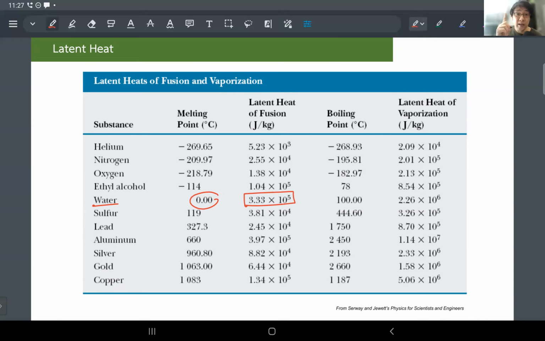That means every kilogram of ice needs this much energy to completely melt. You guys with me? On the other hand, 1 kilogram of liquid water needs to release this much energy to solidify into ice. Okay, so that's what the latent heat means.